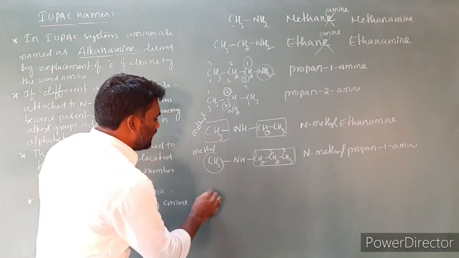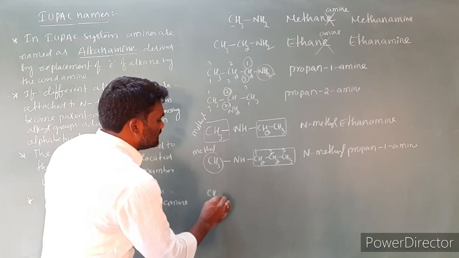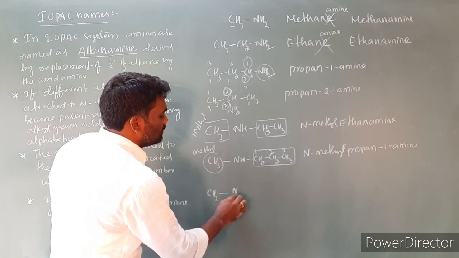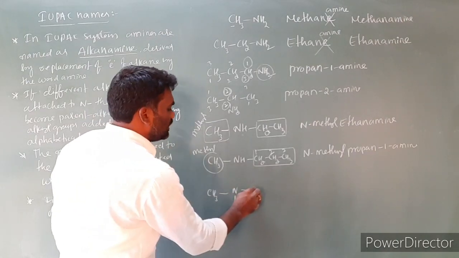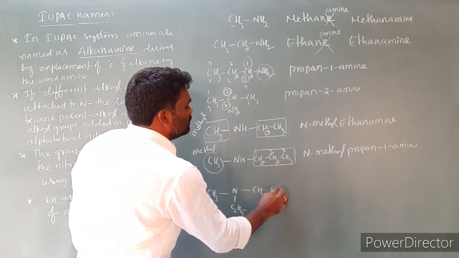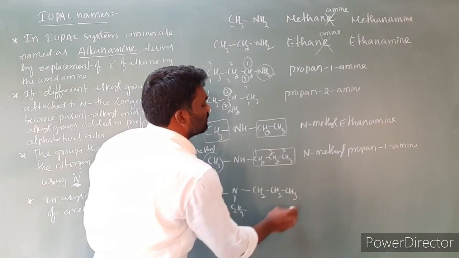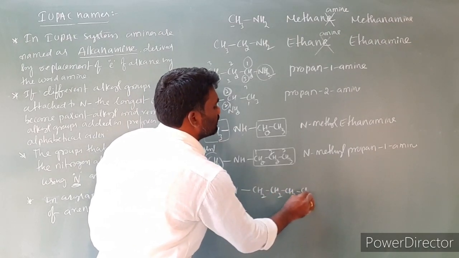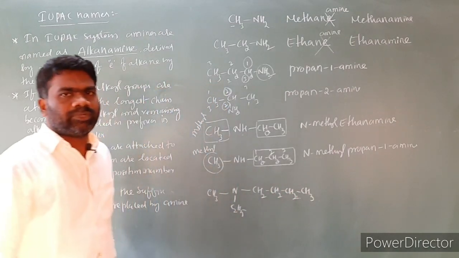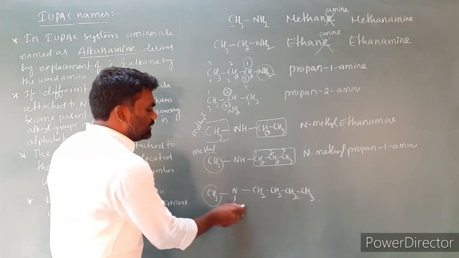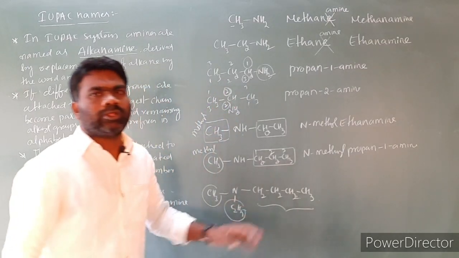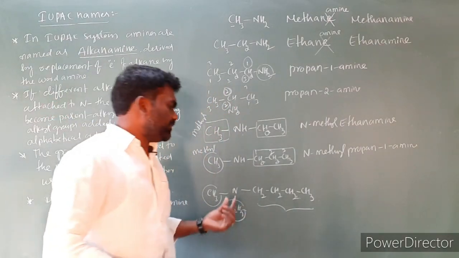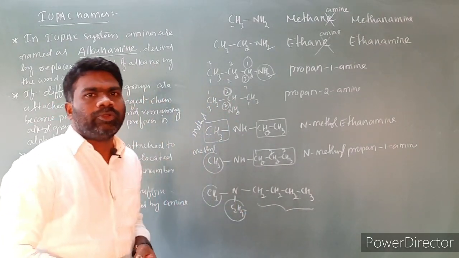Take one more example. I am taking CH3 N C2H5, and I am changing this to CH2 CH2 CH3. CH2 CH3. Look at this example. This group is different, this group is different, and this one is also different. All are different alkyl groups attached to the nitrogen. Then how do you write the name?